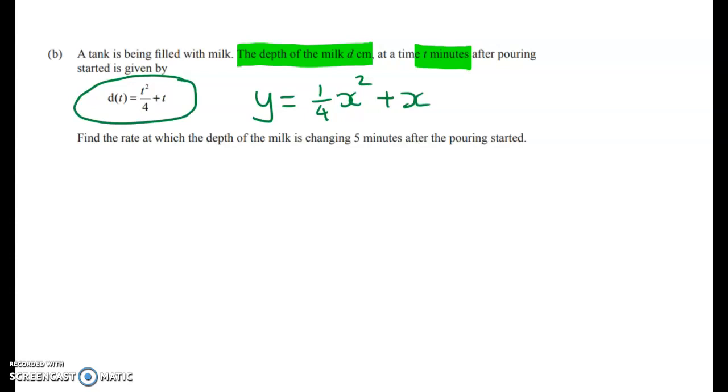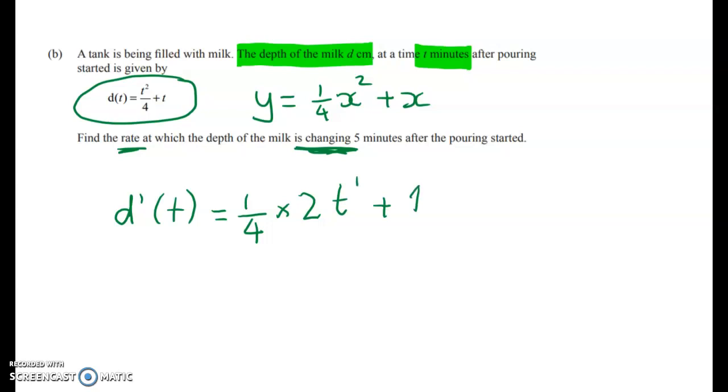And so we're asked to find the rate at which the depth of the milk is changing 5 minutes after the pouring started. So the first thing we're going to do is we're going to differentiate. And that gives me the rate of change for any value of t. So d dash of t will equal, well, it's going to be 1/4 times, bring down the 2, and then it's t to the power of 1 plus 1.